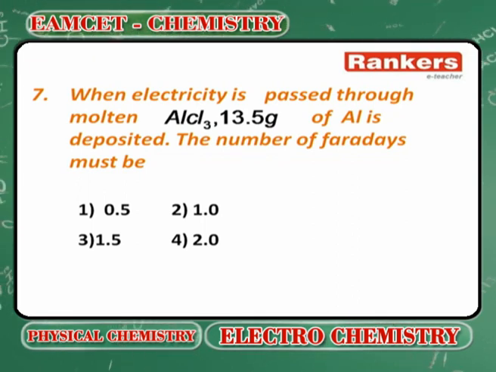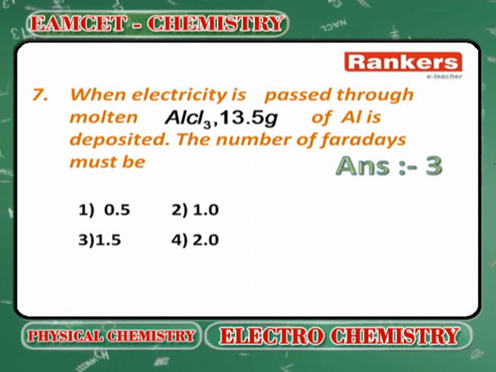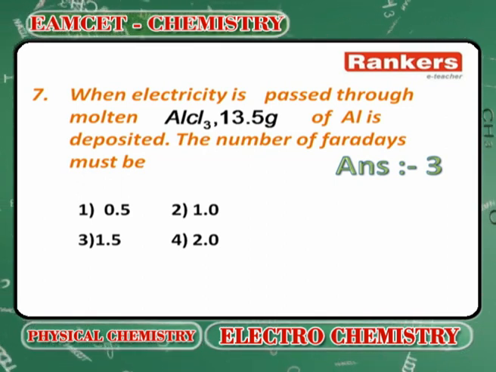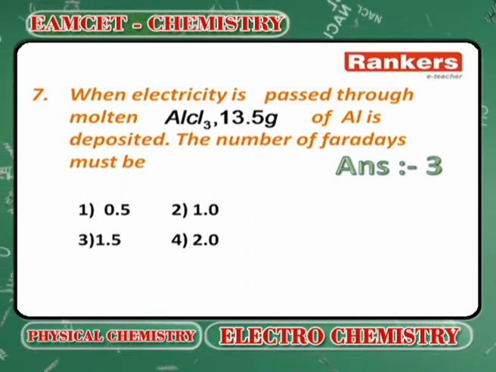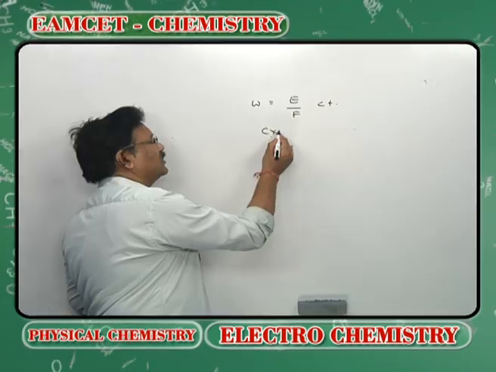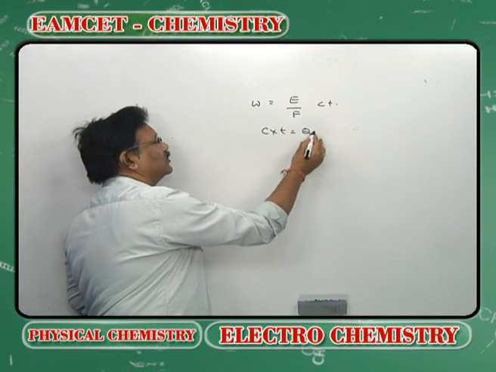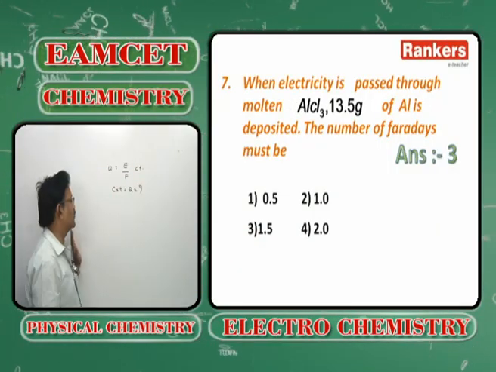Next. When electricity is passed through, the number of Faradays, so that must be, here what is the question? C into T is equal to Q is equal to how much? That is the question.